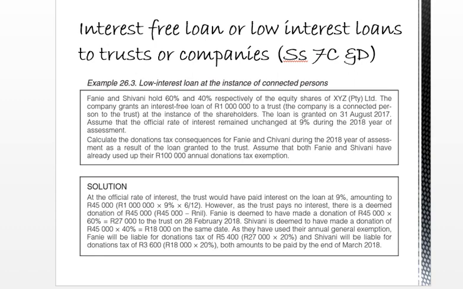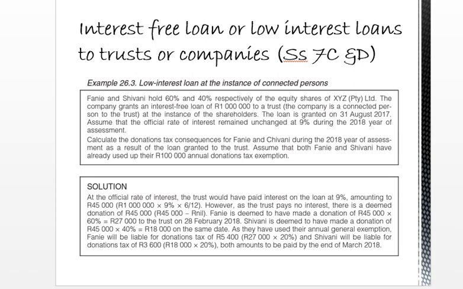So if you look at the normal interest for this loan, the normal interest payable would have been 1 million rand multiplied by 9% because that is the official rate of interest, and it's for 6 out of 12 months, because it's from the 31st of August 2017 when the loan was granted up until the end of the 2018 year of assessment, so 28th of February 2018.